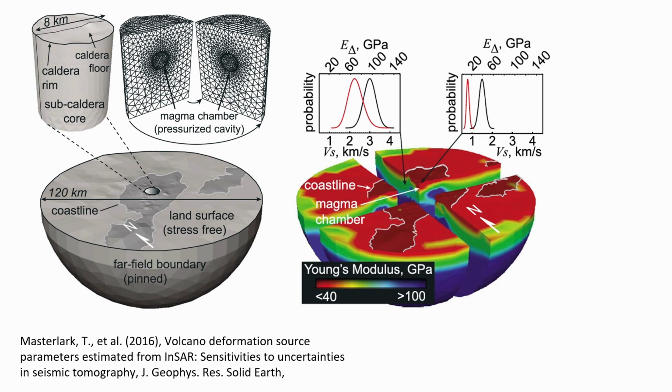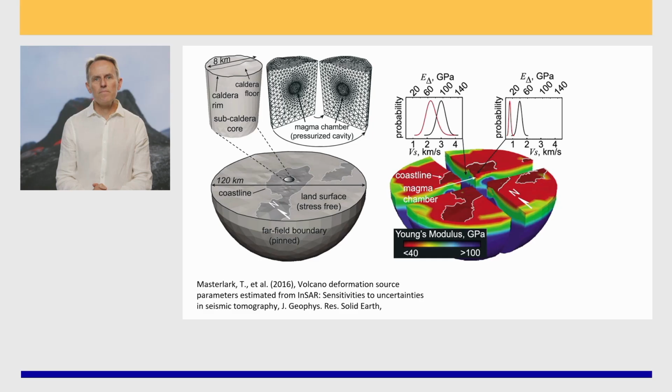The final example of approaches that go beyond the uniform elastic half-space approach is a detailed numerical model that can incorporate known results from structural studies based on seismic tomography, for example. This figure shows an example of such a study by Tim Masterlark and colleagues at Okmok volcano on one of the Aleutian Islands of Alaska.